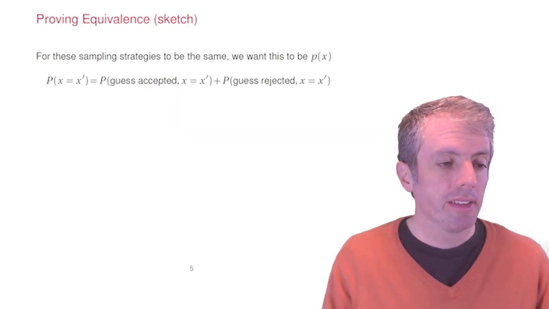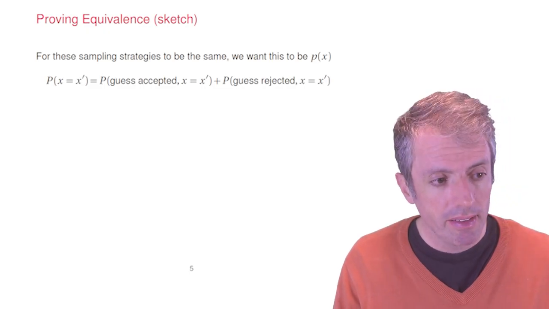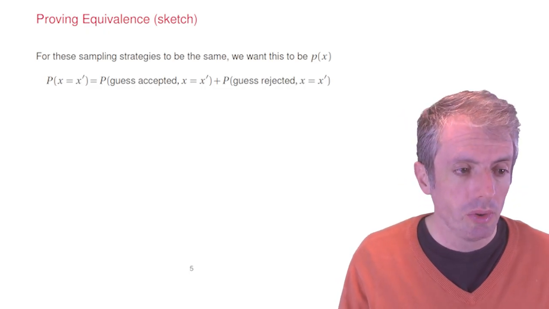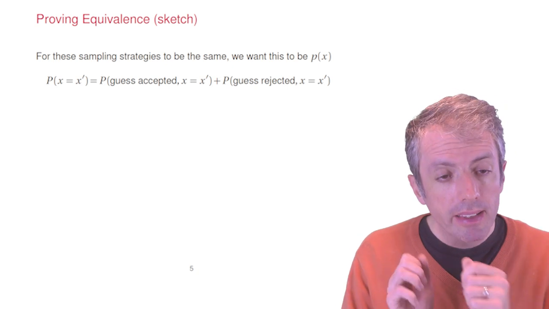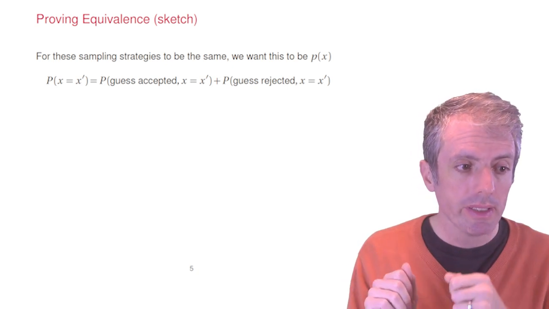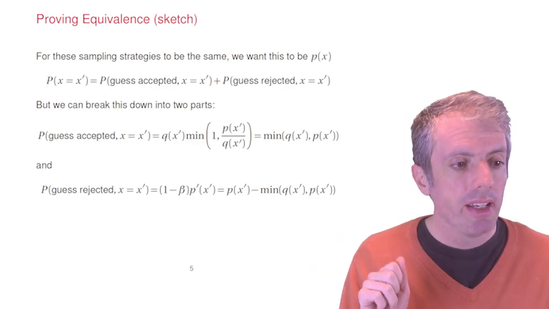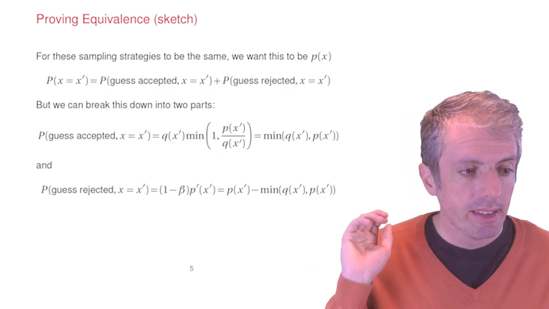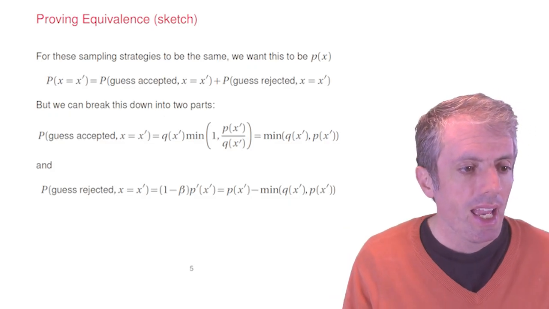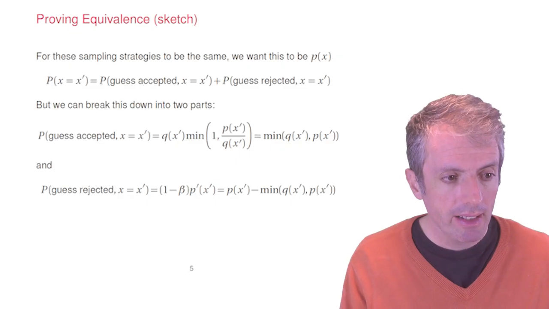The way that we can prove this is by writing out what is the probability that x is going to be equal to x prime, and then breaking this down into two cases where the guess from Q was accepted or the guess was rejected. Then you can take those two parts and write down what that would be mathematically.